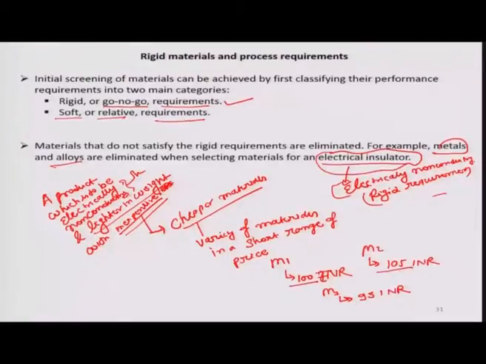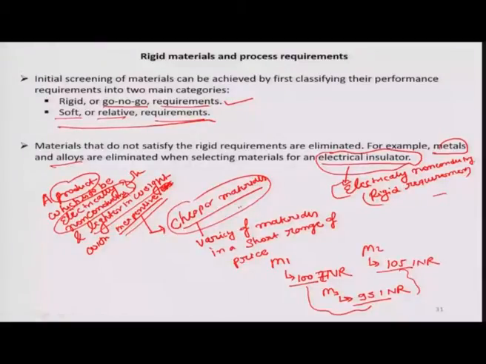If you are going to make a product which is to be used in a highly sophisticated place, then the difference in prices is not very important as compared to being electrically non-conducting. So here this requirement is a soft or relative requirement for this problem statement.